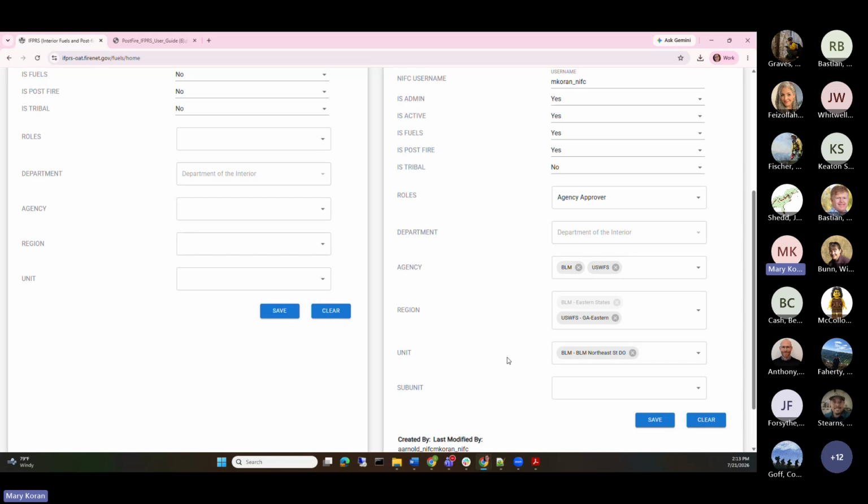So right now, for folks who may be assigning these, you can only assign to that regional or GA level. But that should hopefully enable folks to do what they need to do in kind of this interim phase.